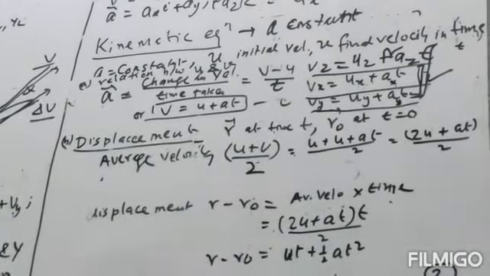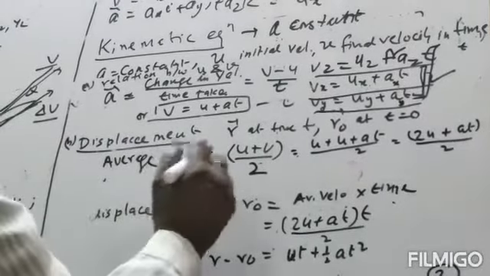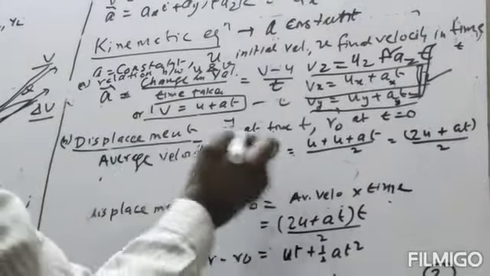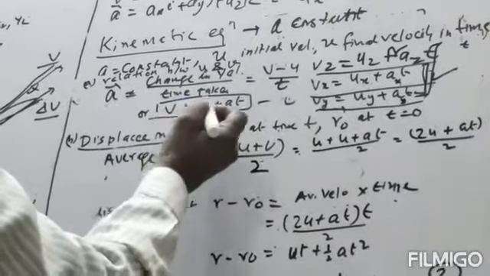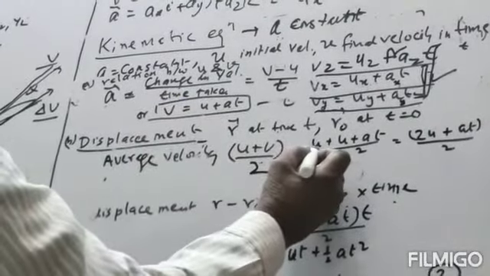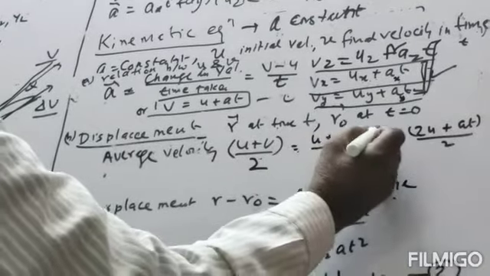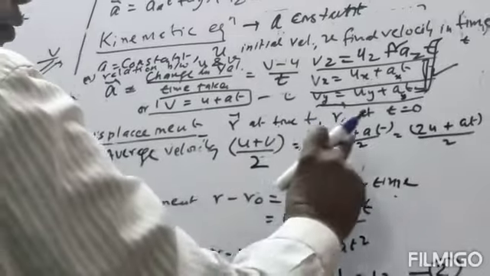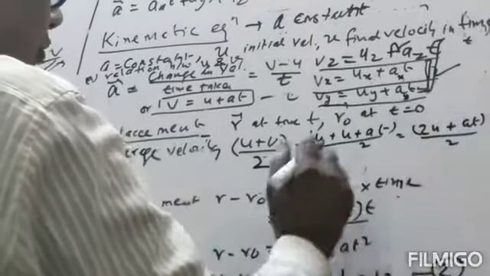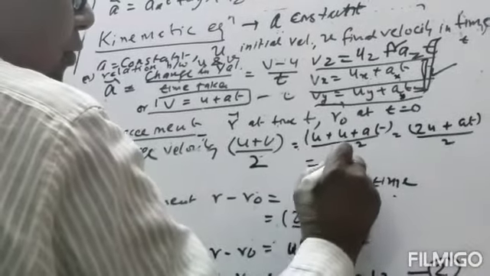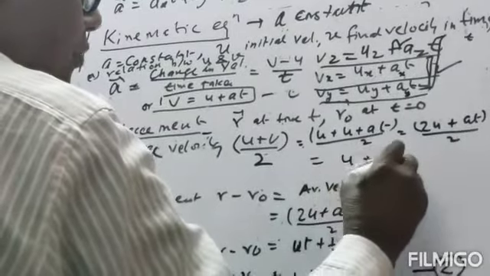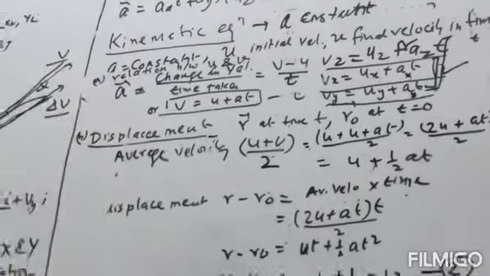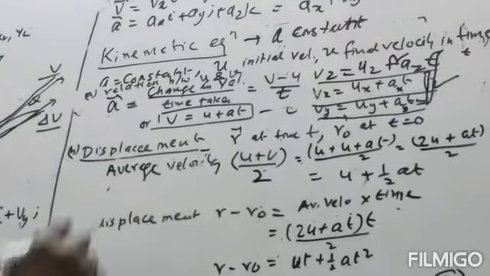This will be the average velocity. We put the value of u here, then v here, v is equal to u plus at. So it will be u plus u plus at by 2, which is 2u plus at by 2. So this will be equal to u plus 1 by 2 at. This will be the average velocity.